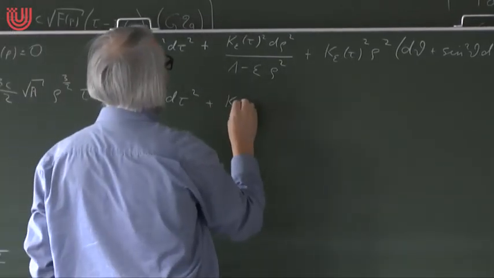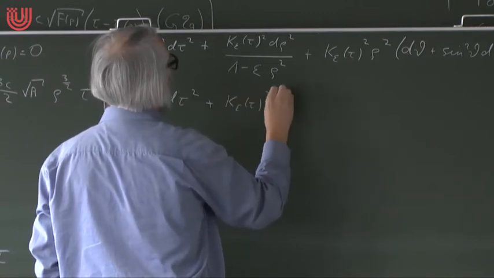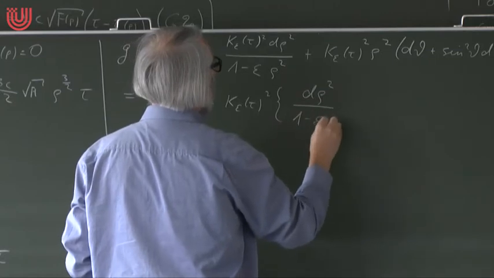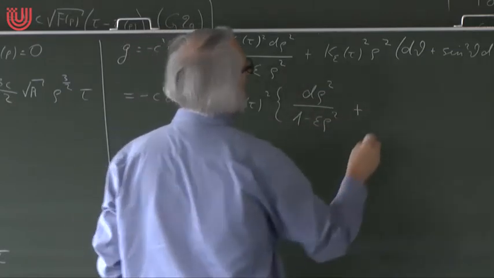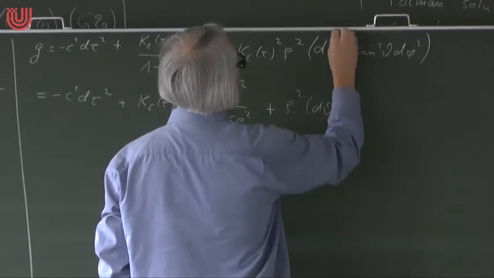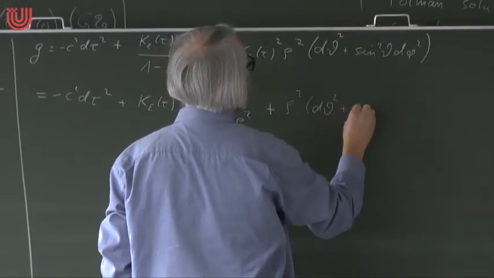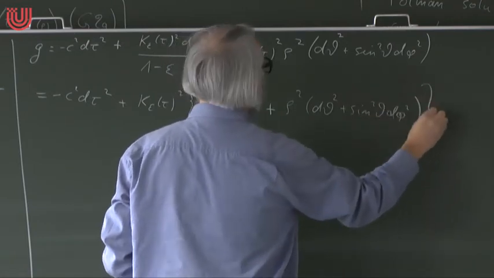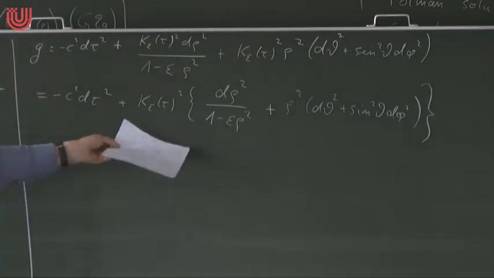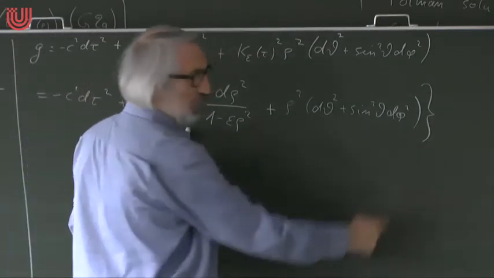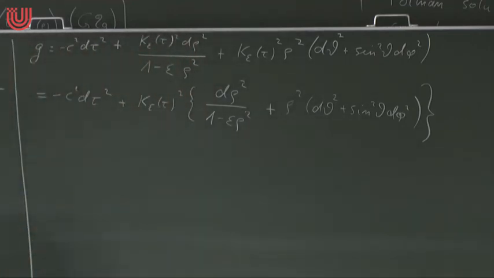Namely, if we take the k epsilon out of a bracket, we have here in the curly bracket just the metric of a space of constant curvature. So what everybody should realize is what this is in the case epsilon equals 0. If epsilon is equal 0, then this is just a flat Euclidean metric in spherical polar coordinates.